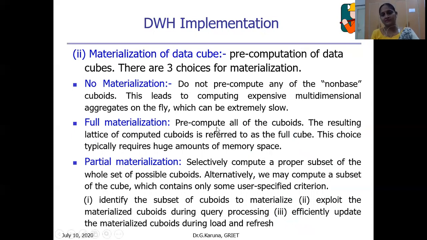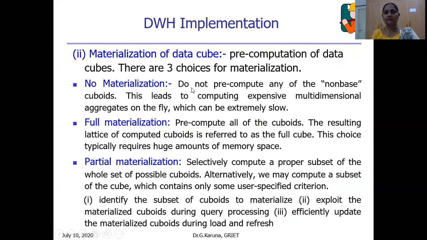Now coming to materialization. Before applying the data mining techniques, pre-computation can be done for the data cube in order to increase efficiency. Such pre-computation of the data cube is called materialization. There are 3 kinds of materialization: no materialization, full materialization, and partial materialization.